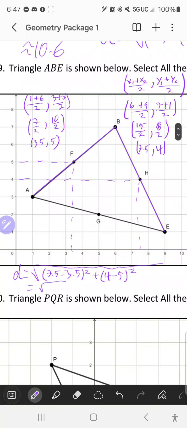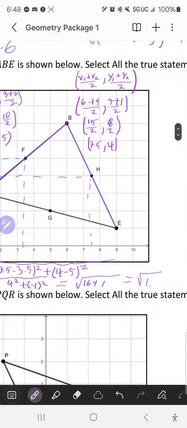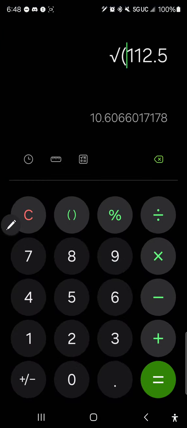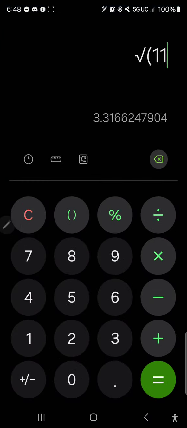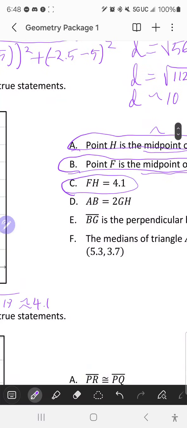This is equal to 4 squared plus negative 1 squared, which is the square root of 16 plus 1, the same as the square root of 17. And if we go to the calculator, it's around 4.1. So this is approximately 4.1, and our answer on this is correct.